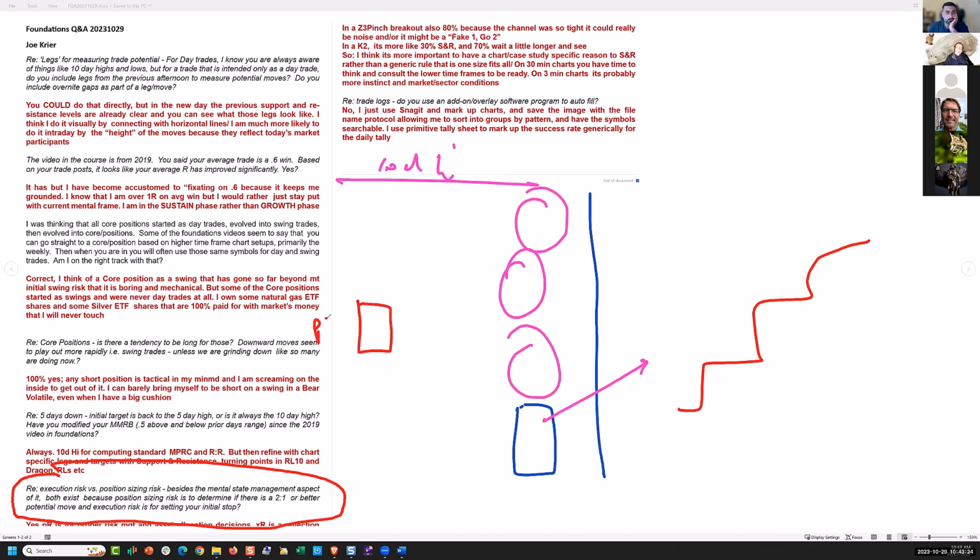My position sizing risk simply is saying, look, be 5 times smaller than you think you have to be. Whatever the logic was that said you could get long here, and that hypothesis fails right there.